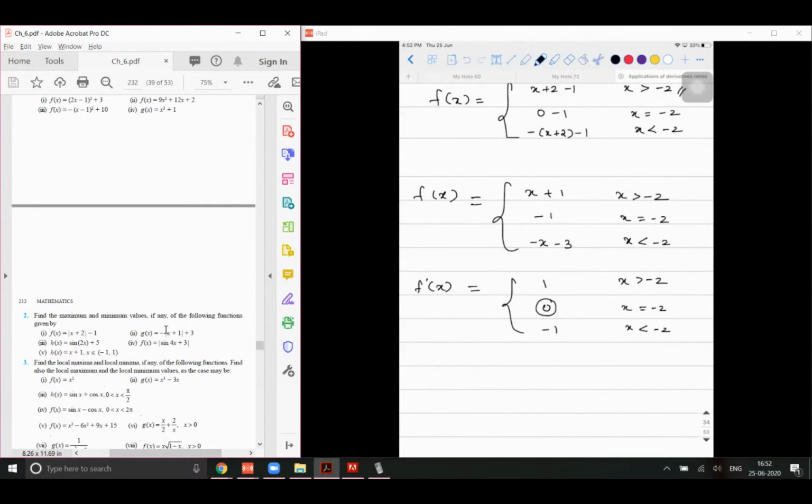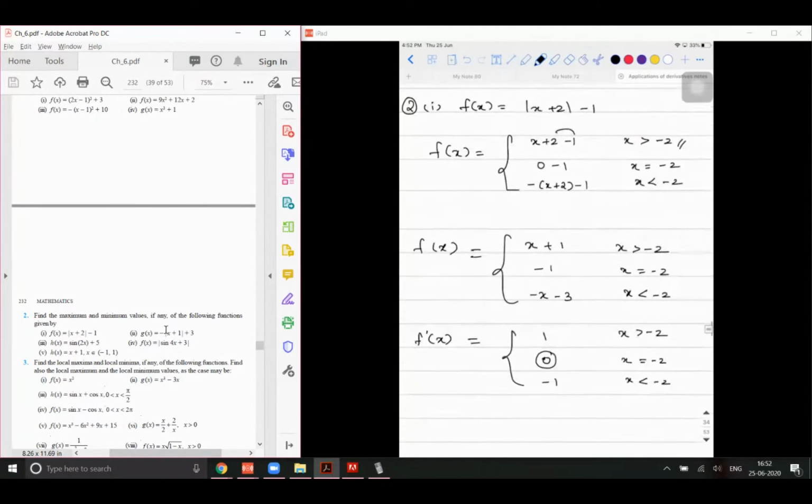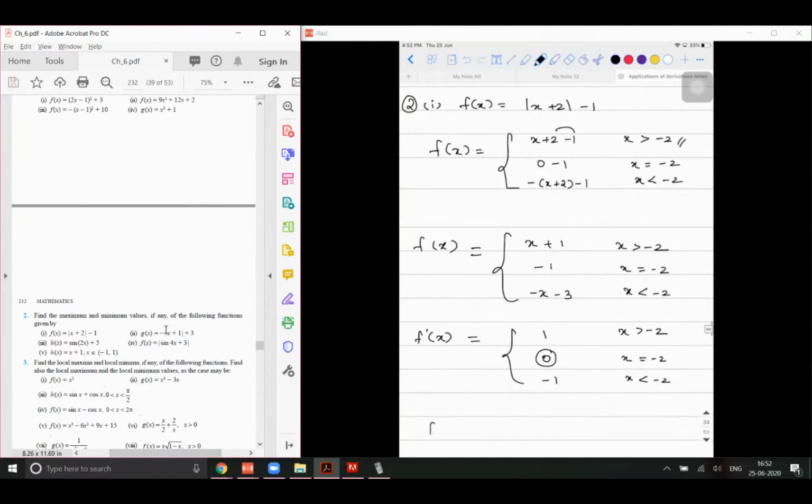Once you have got f dash of x equal to 0, what is f of minus 2? Sorry, not f of 0, f of minus 2. f of 2 is minus 1, so this will be the minus 1. This will be the least.